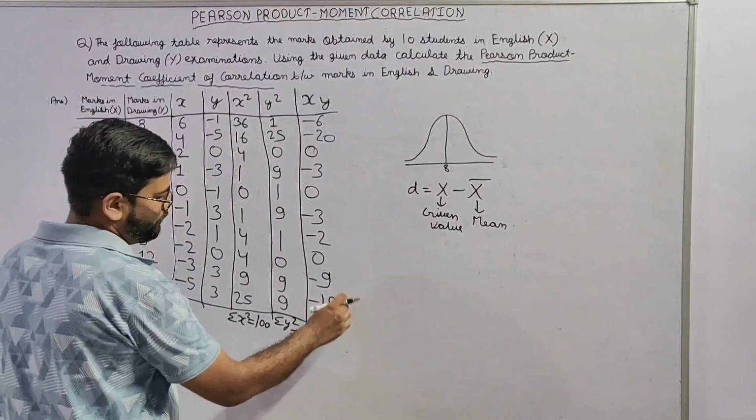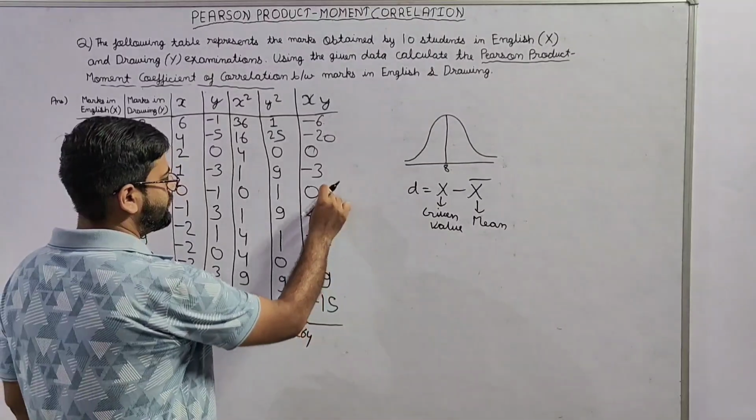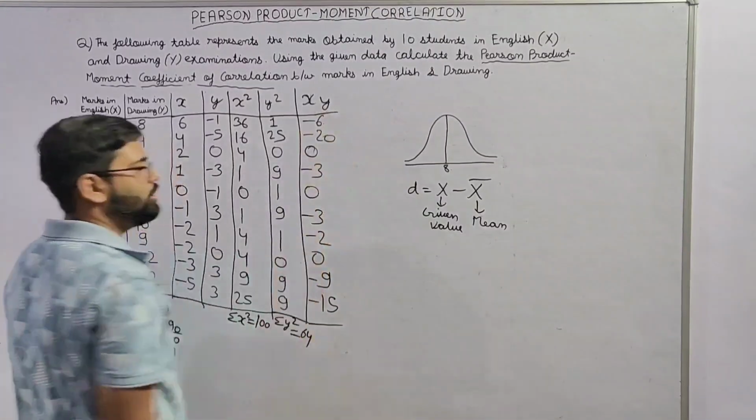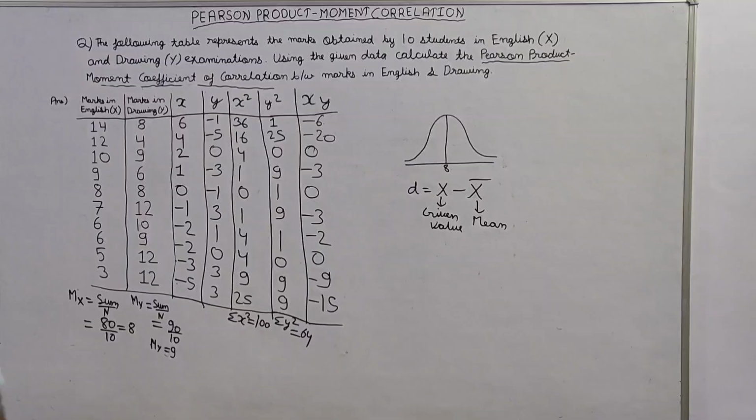Now we count the terms 1 2 3 4 5 6 7 8 9 10. All the 10 terms are there.